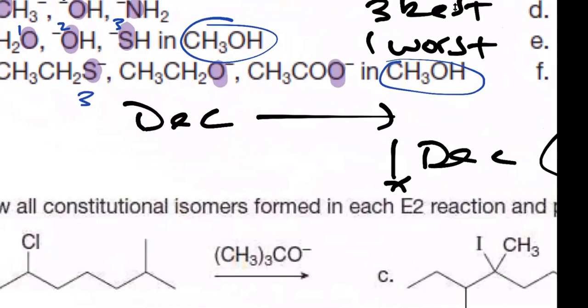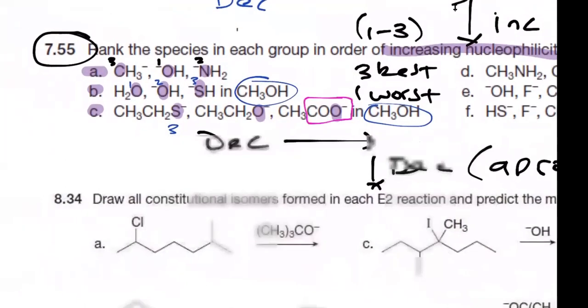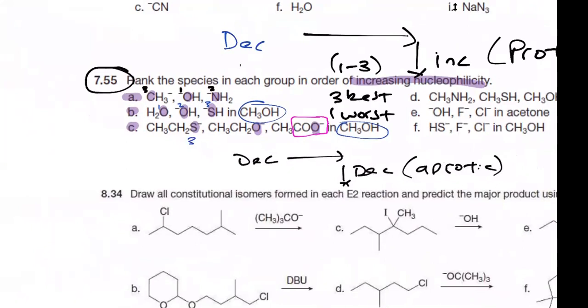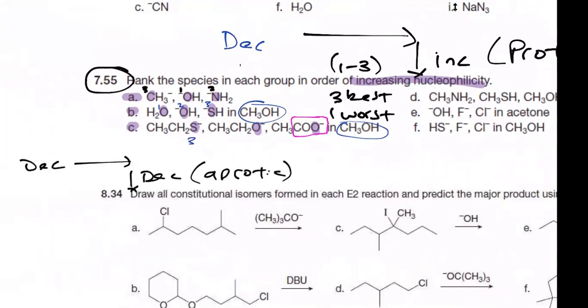Now, if you remember from part 1, when you see this COO, that's an abbreviation for an ester or a carboxylic acid.